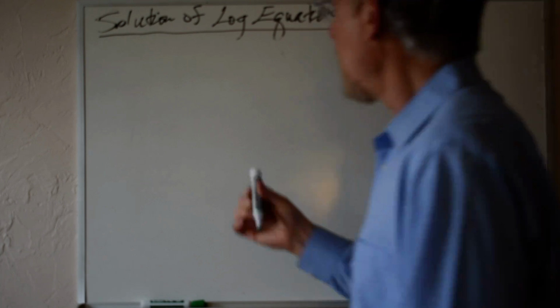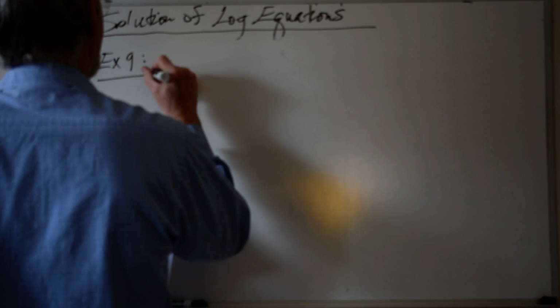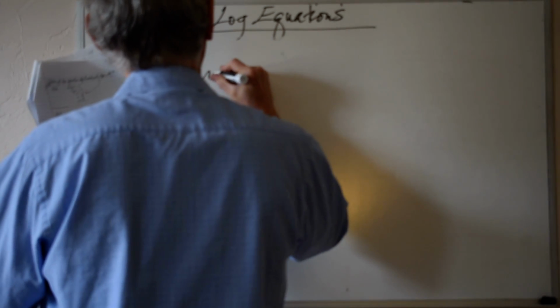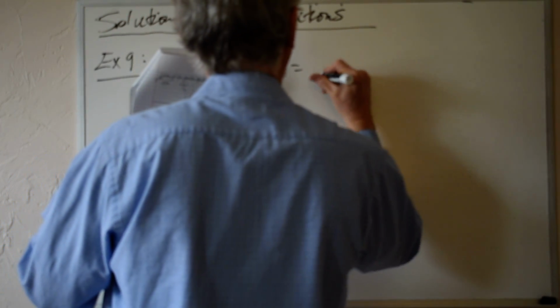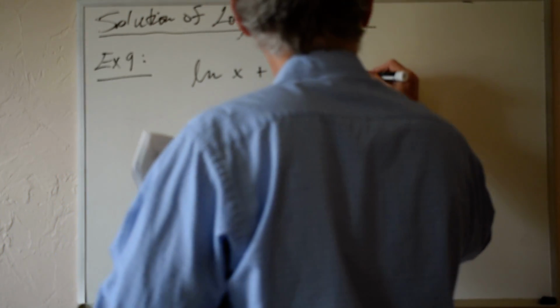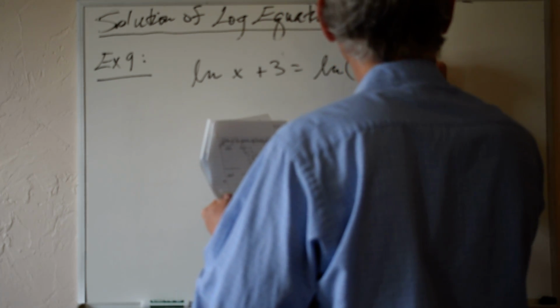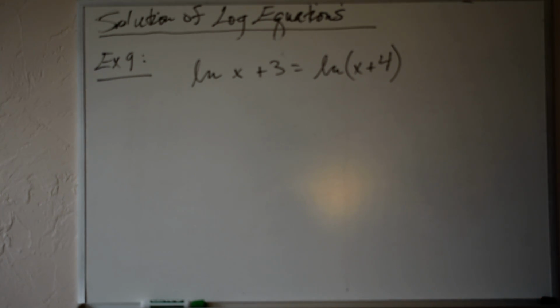Look at example 9. Natural log of x plus 3 equals natural log of the quantity x plus 4. So we've got two log expressions there. How would you approach this?